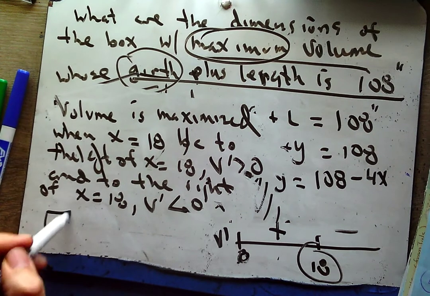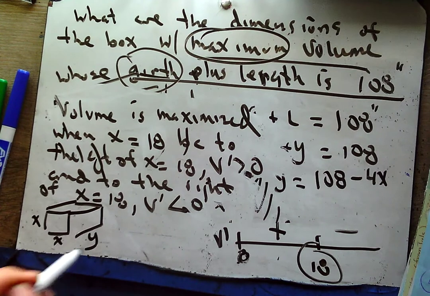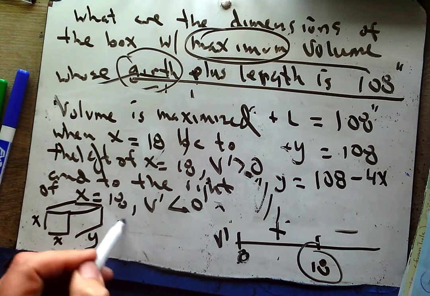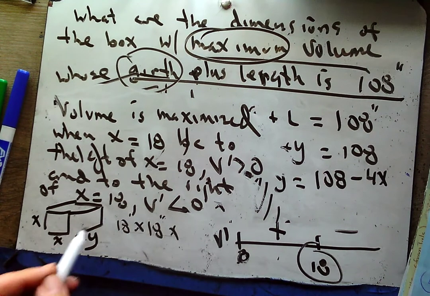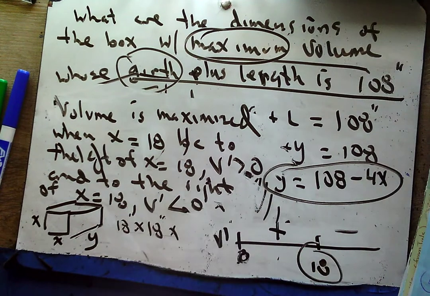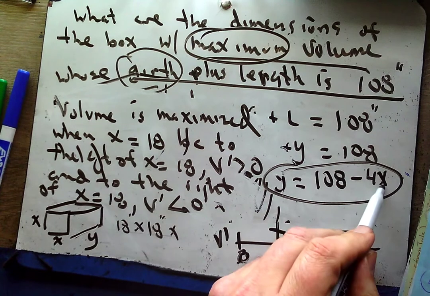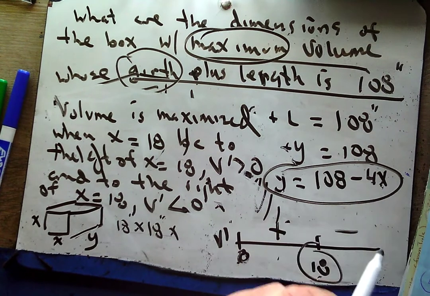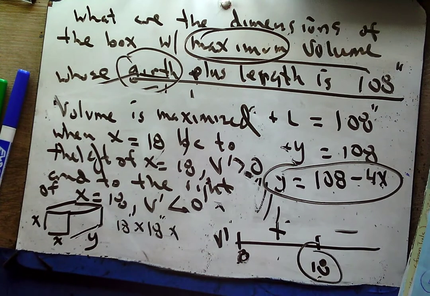So remember that this was x, this was x, this was y. So I can say 18 by 18 by, what's y? Convenient helping equation strikes again. So y equals this stuff. If I plug my 18 in here, 4 times 18 is 72. 108 minus 72 is 36.